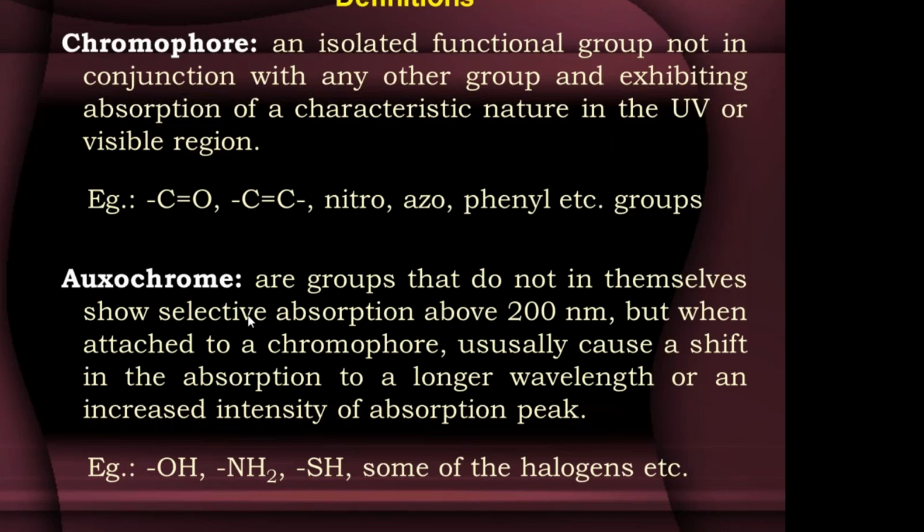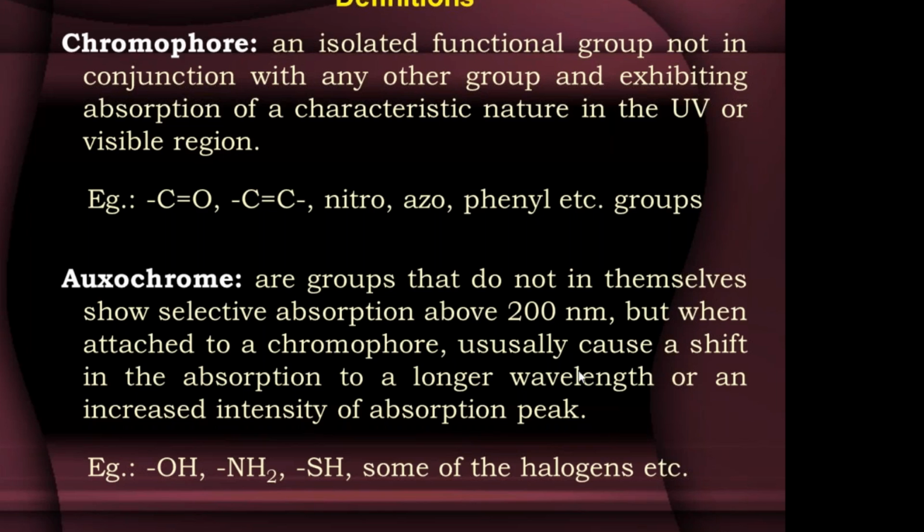So auxochromes are groups that by themselves will not show any absorption in the UV visible region above 200 nanometer. But when they are attached to a chromophore, that is, you have a chromophore and an auxochrome very closely bonded to the chromophore, then it will show an effect on the chromophoric absorption.